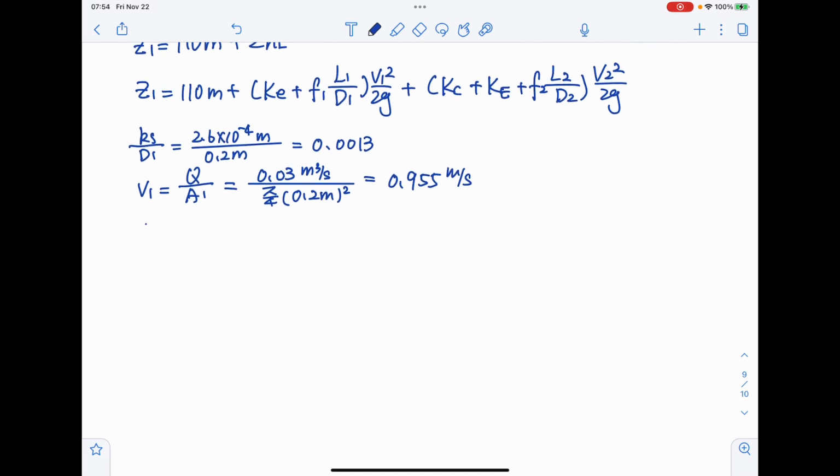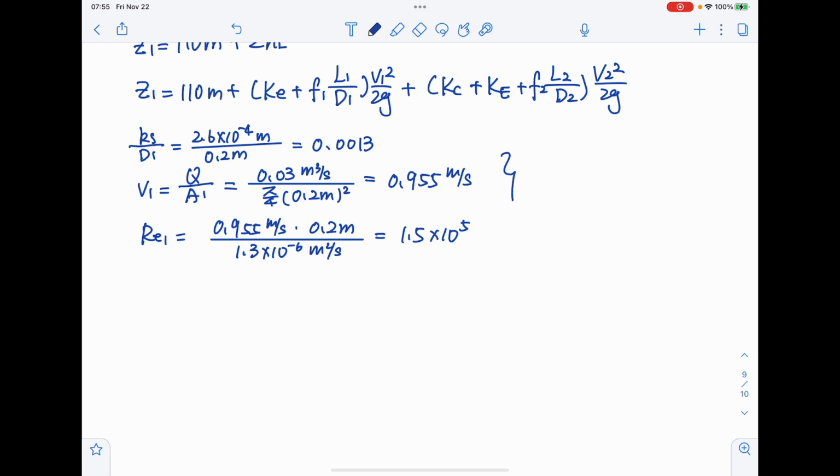And the Reynolds number for pipe 1 is velocity times the diameter over the viscosity, which gives us 1.5 times 10 to the power of 5.